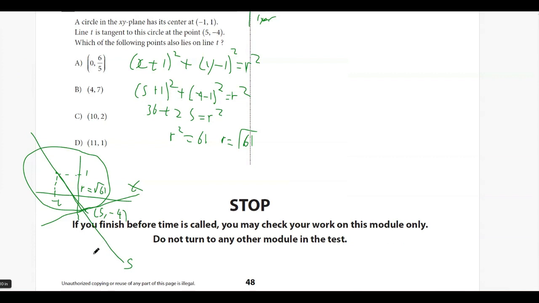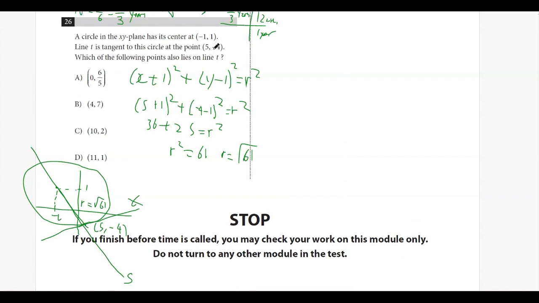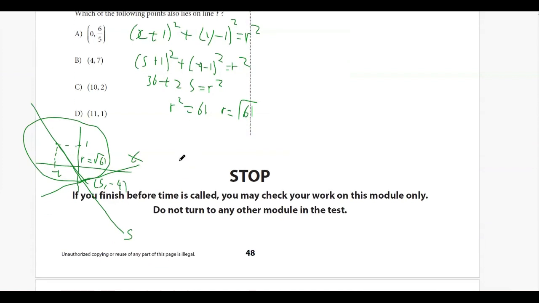I have my 2 points, 5 comma minus 4 and minus 1 comma 1. So I'll go ahead and calculate the slope. So m is equal to minus 4 minus 1 divided by 5.